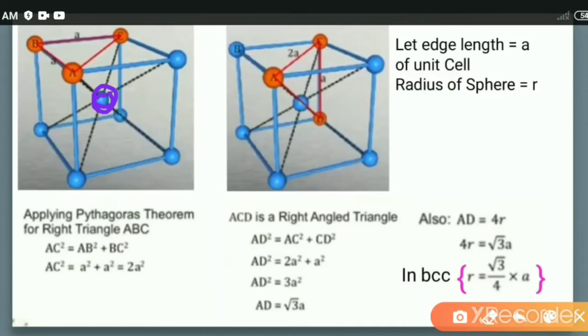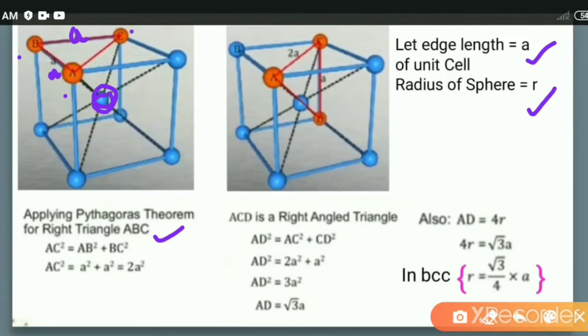Consider a right triangle ABC, highlighted in the first figure. In the right triangle ABC, AB is the edge length and BC is also the edge length. Let the edge length be A and the radius of the sphere be R.